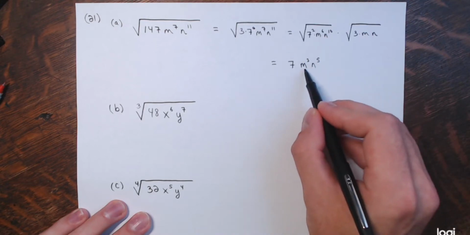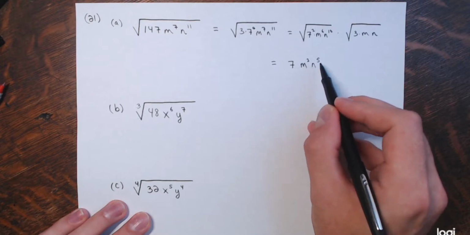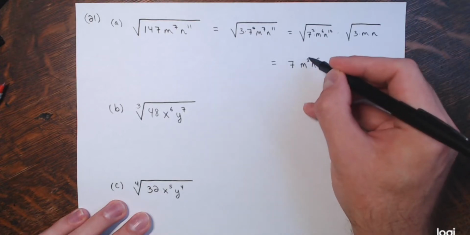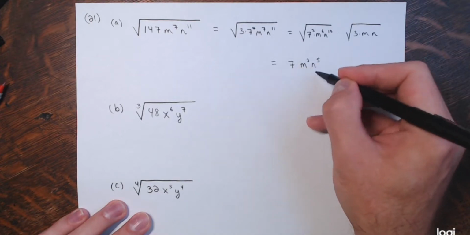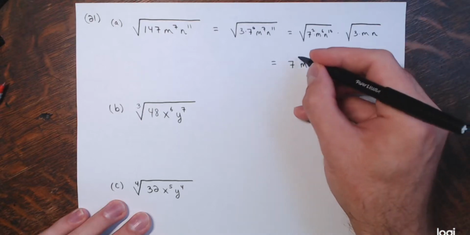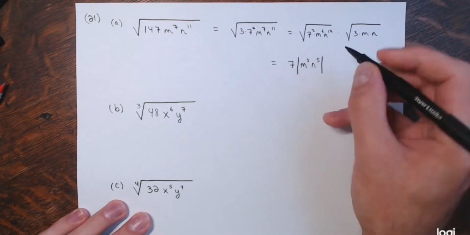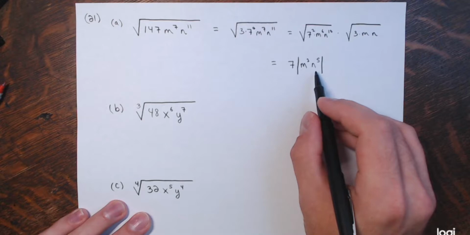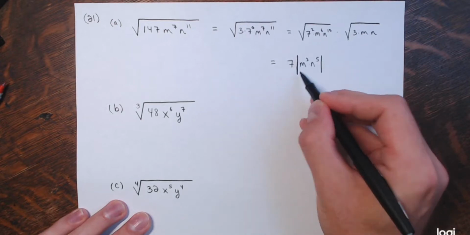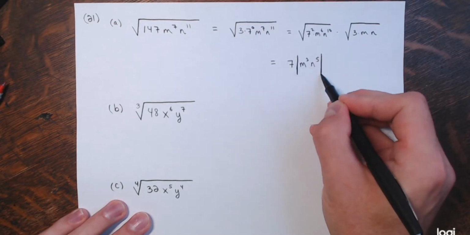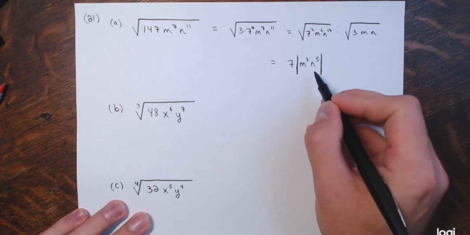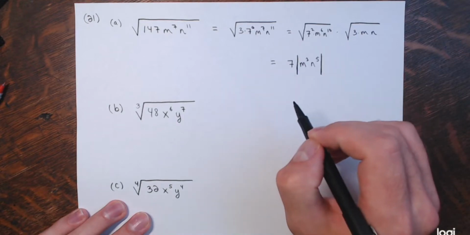And m cubed, n to the 5th, those are both odd powers, so they need absolute values. And then you could put absolute values around each individual one, that'd be totally fine, or the whole thing. Just the whole variable product there. But I would need absolute values around these, right? This m cubed and n to the 5th, to ensure that we get the non-negative square root that the symbol asks for.